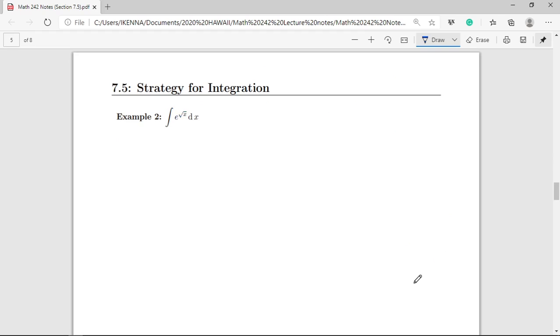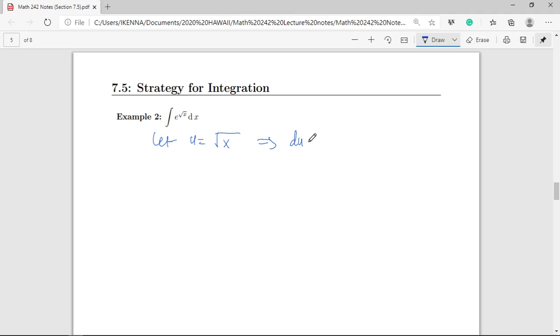Let's look at another example. Now this doesn't look pretty like anything we've done before. So what do we do? Well, we see that if we have a radical involving a linear factor, usually we can make a u substitution with the radical. So let's make a u substitution, u equal to square root of x.